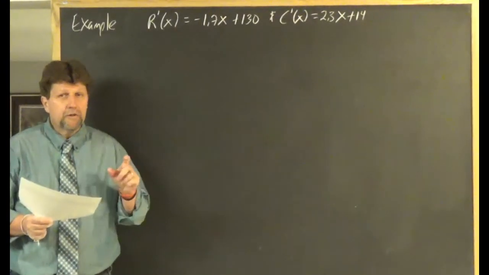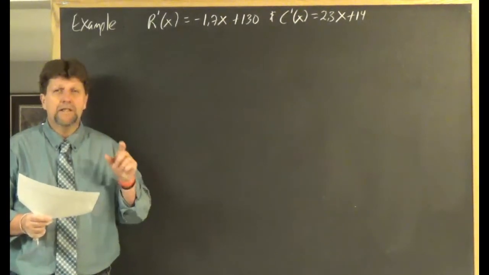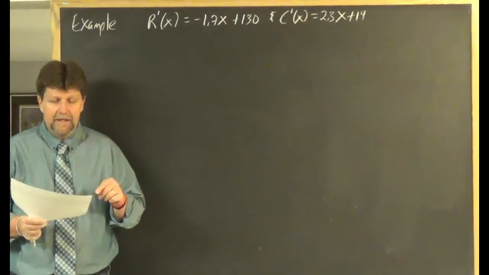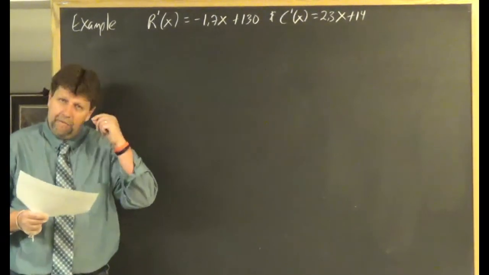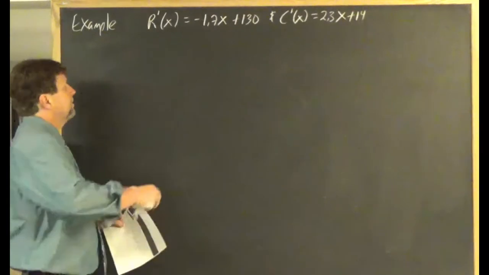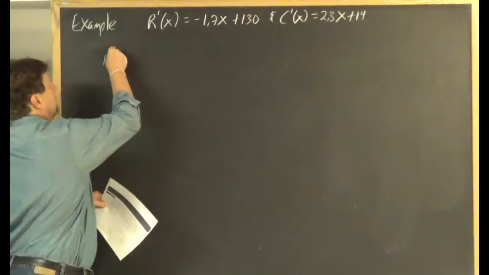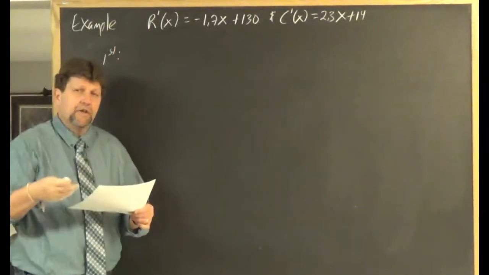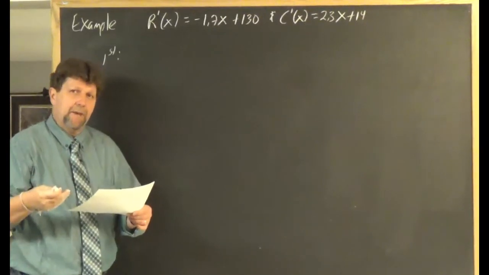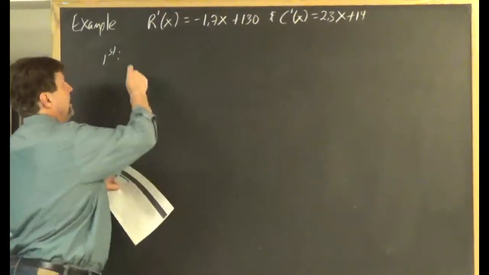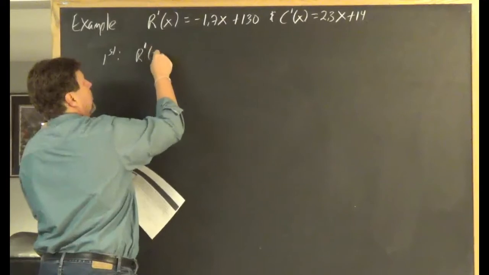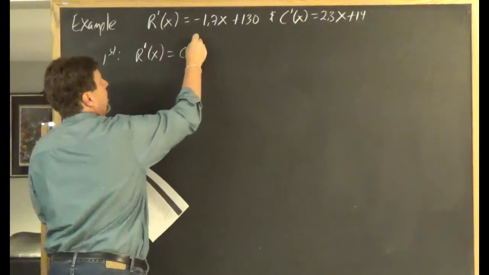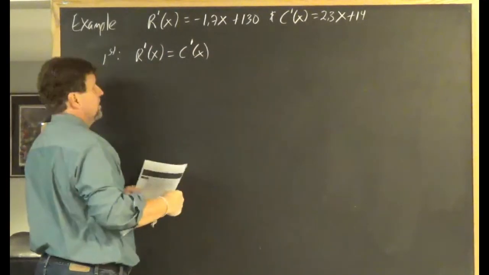But where marginal revenue is equal to marginal cost, that's where profit is maximized. So the first thing I need to do is determine what value of x profit is maximized. In other words, I need to determine where marginal revenue equals marginal cost.